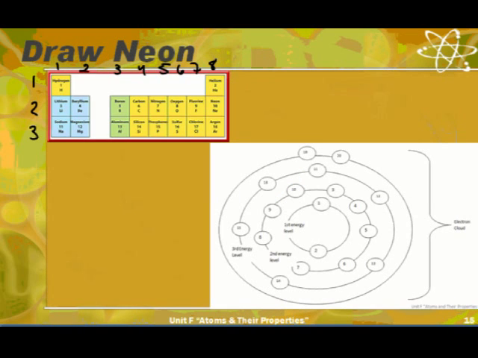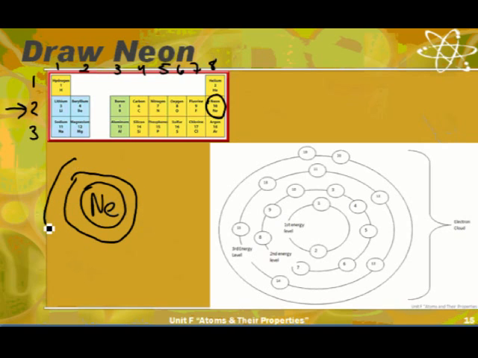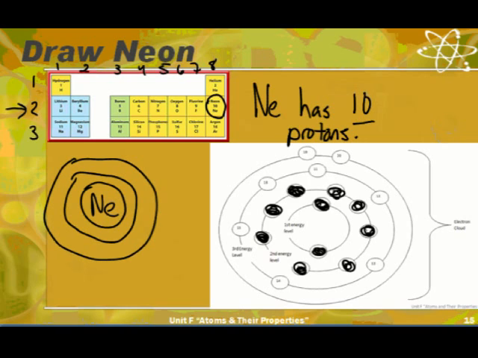Now let's look at neon, one of the noble gases. Right off the bat, we should notice that neon is in the last column, or last group, with the noble gases in the second period, or row. We know that means that neon is going to have 2 energy levels. Knowing that neon has 10 protons, we can arrange our electrons.